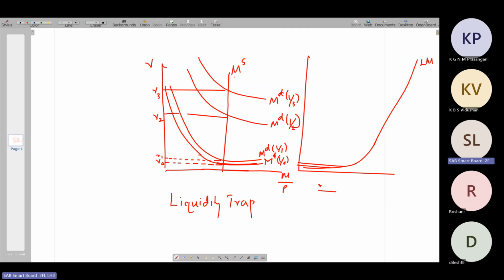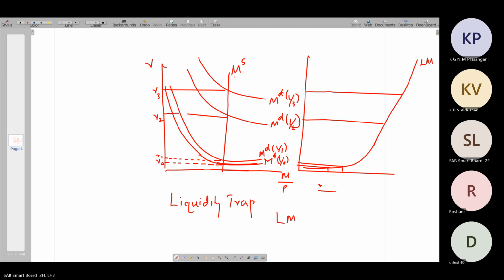In a liquidity trap situation, the LM curve becomes horizontal, because of the low interest rate, but at a higher level of interest rate, it becomes steeper, like we discussed earlier in the normal upward sloping LM curve. Under such situations, monetary policy is not effective.